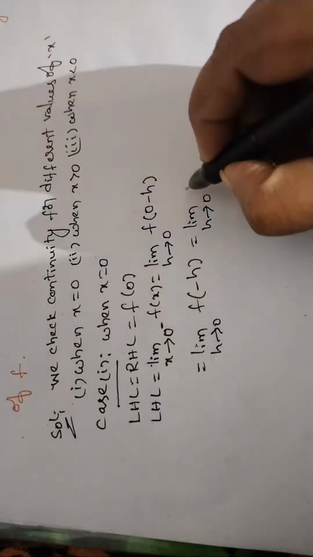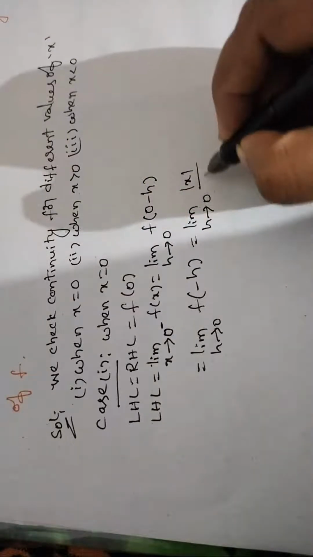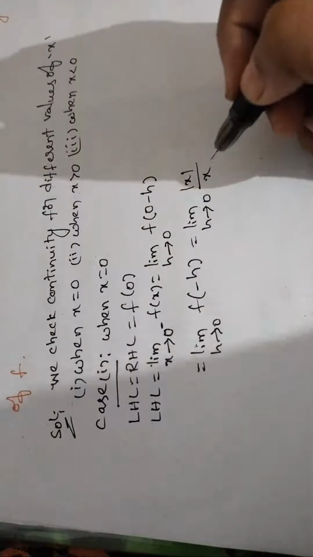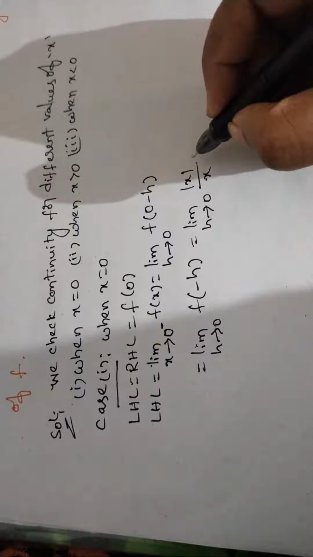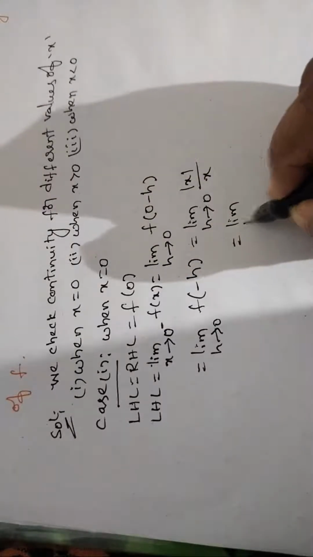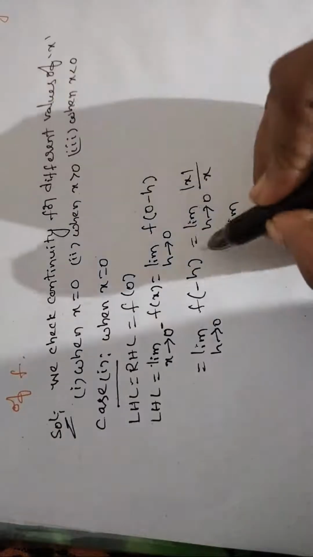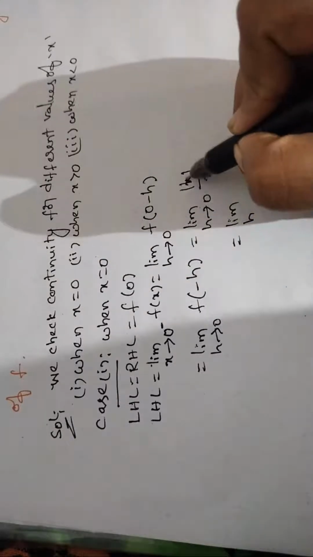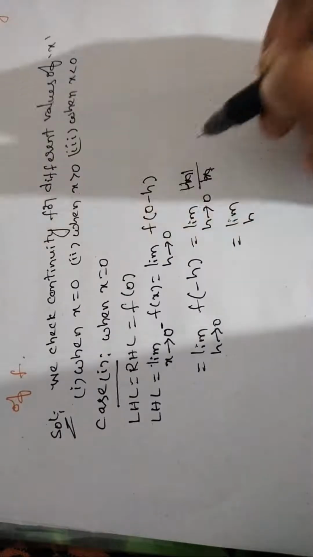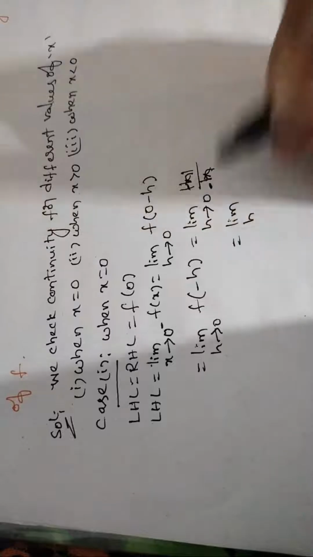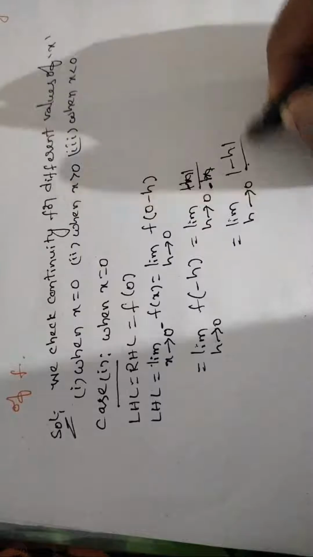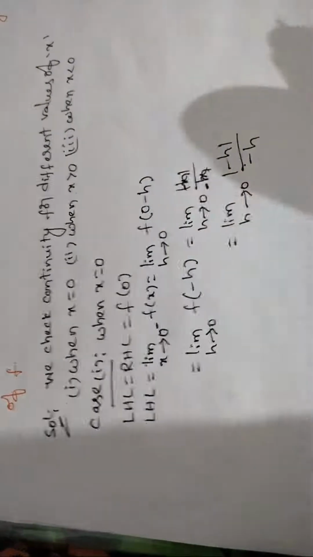In the x place we have minus h, so I write mod minus h by minus h.